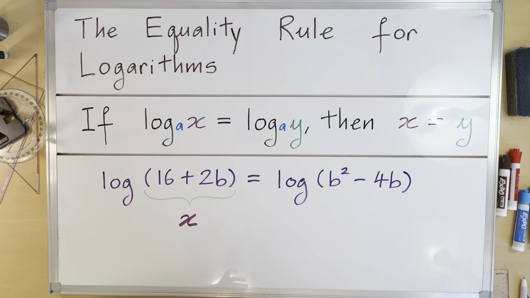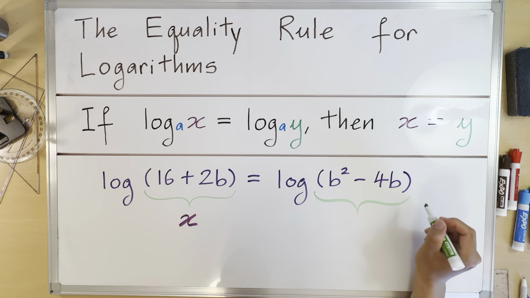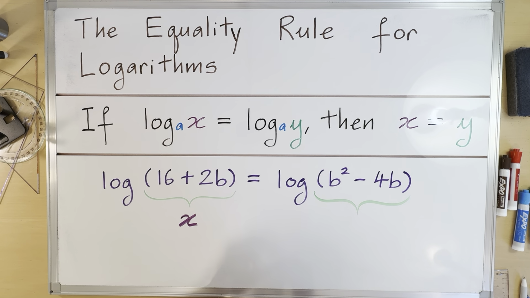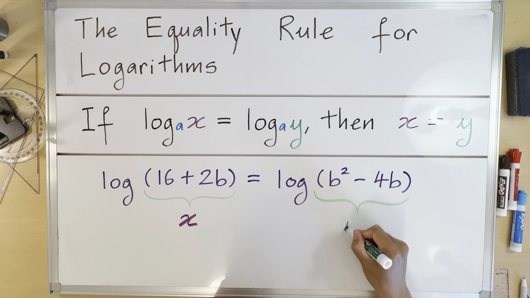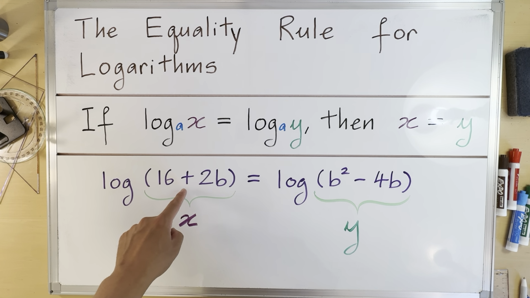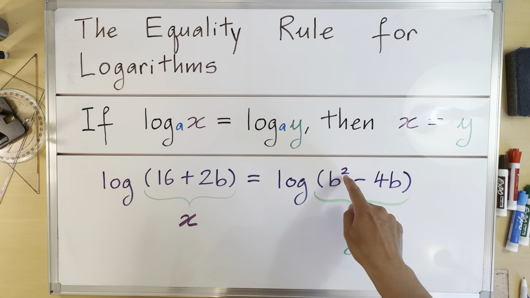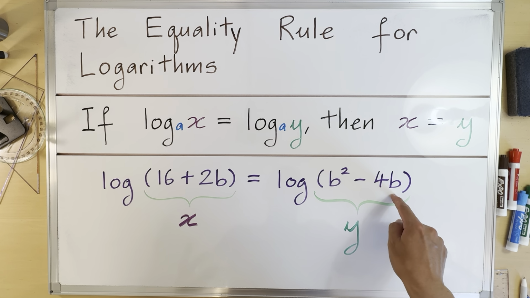And the argument of the logarithmic expression to the right side of the equation would be y. This means that, theoretically speaking, 16 plus 2b would be equal to b squared minus 4b.